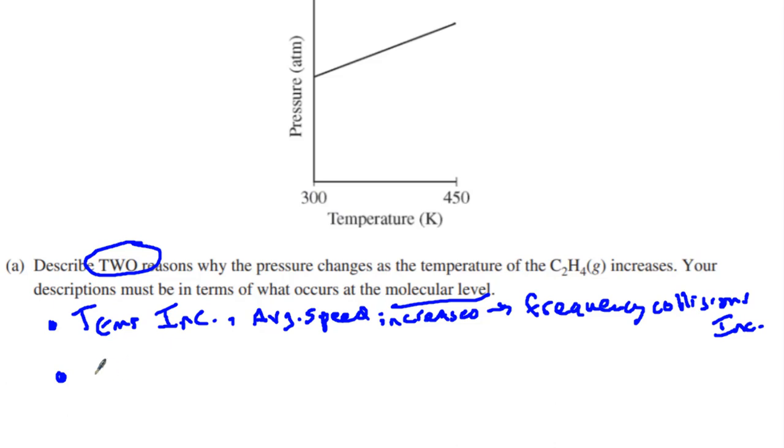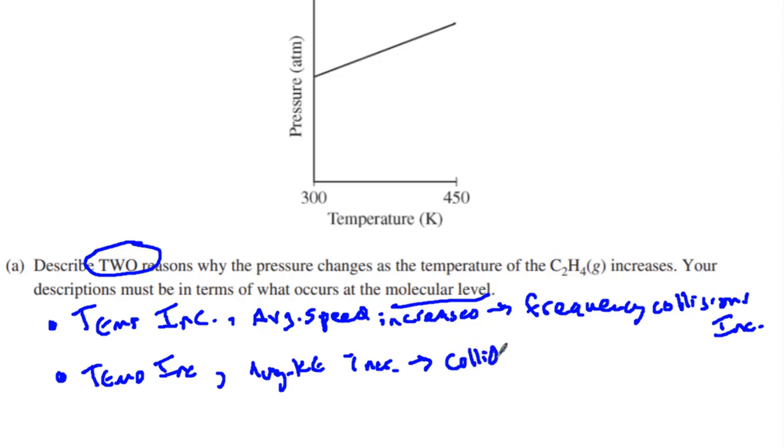The second reason is as the temperature increases, the average kinetic energy increases. Okay, so one is dealing with the speed increasing and the frequency of collisions increasing, and the other one is the average kinetic energy increasing, which means the molecules are colliding with the walls of the container at a greater force.